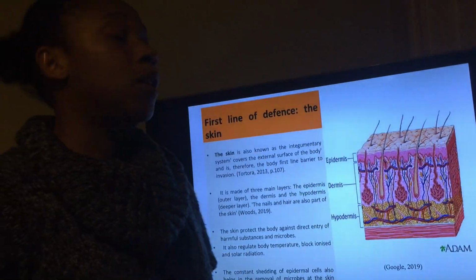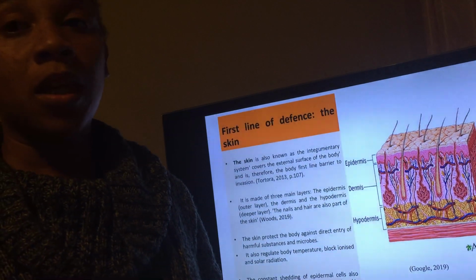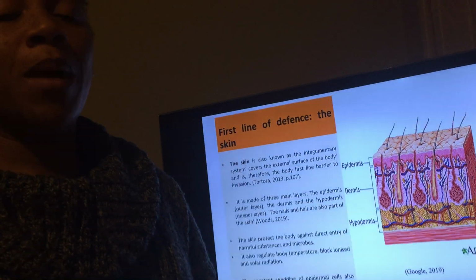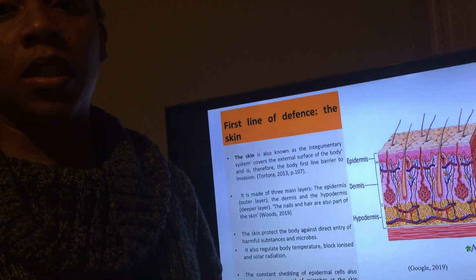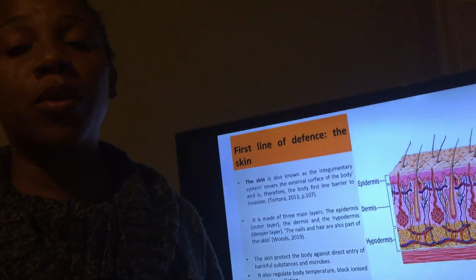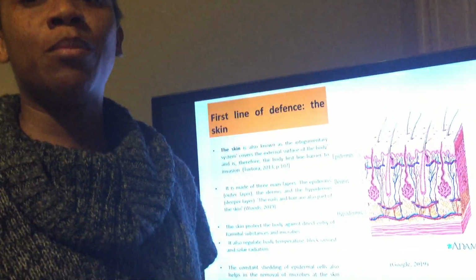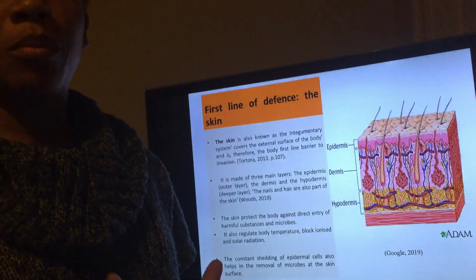The skin is part of the first line of defense. It's the external covering of the body, thus providing a physical barrier against invasion. It is made of three layers of stratified epithelium. The hypodermis is the deeper layer, followed by the dermis and the epidermis. The epidermis is the outer layer offering the protection.